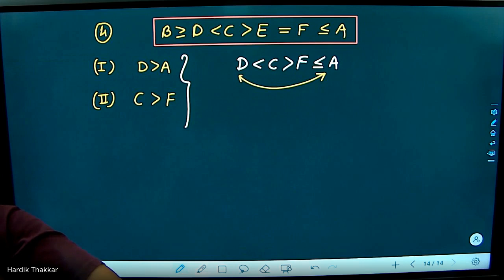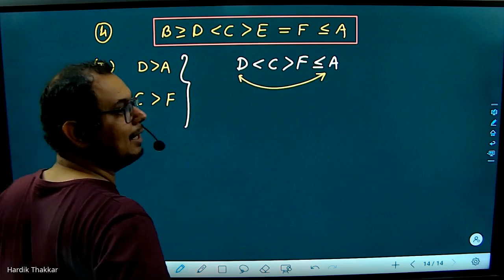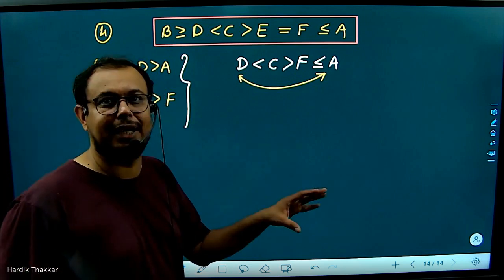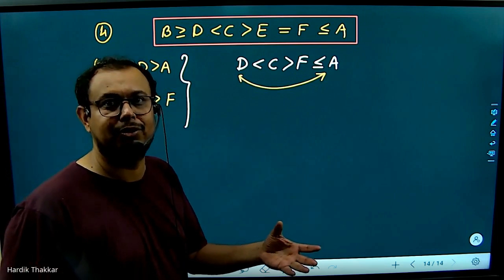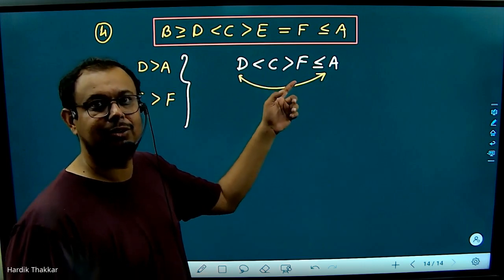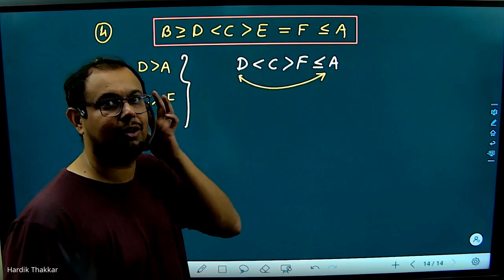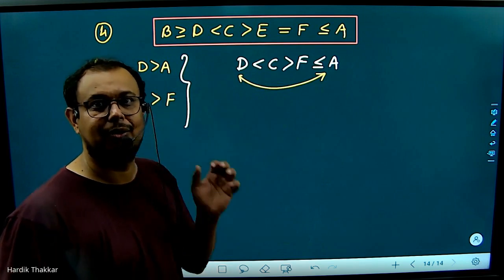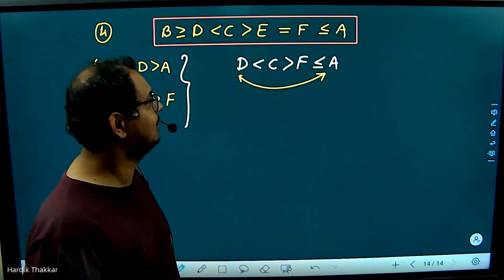Look at the cases when the inequality signs are opposite to each other. In that case, we cannot draw any conclusion. When the inequality signs face the same side, then only we can draw some conclusion. Is it clear?